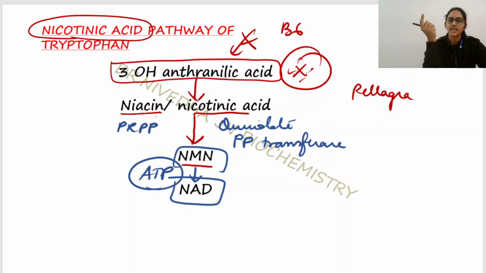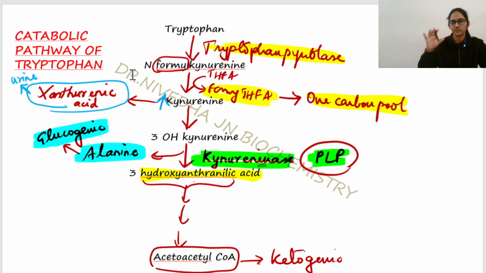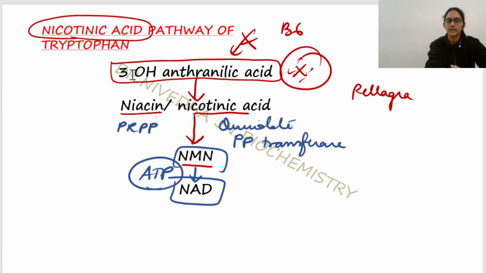Now 3-hydroxyanthranilic acid forms niacin, and niacin, after gaining ribose 5-phosphate from phosphoribosyl pyrophosphate, becomes nicotinate mononucleotide. Then after a reaction with ATP, it forms nicotinamide adenine dinucleotide. Right? This is one pathway. So the major pathway is what we had seen in this picture. Now the minor pathway is the synthesis of niacin.